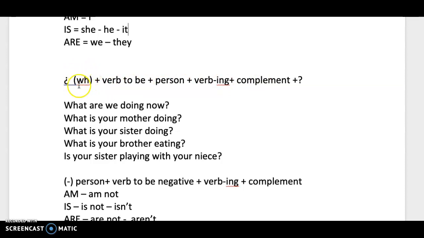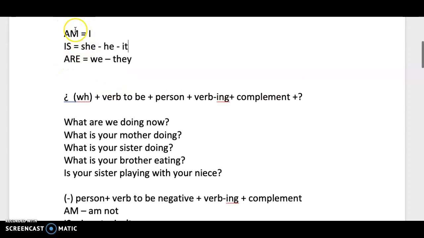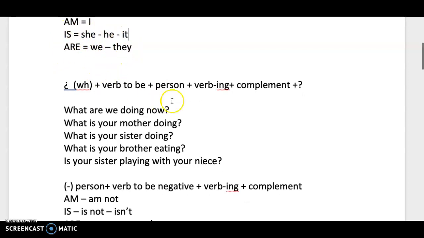It is not obligatory, but in case your sentence has what, where, why, this is a WH question, okay? Now we continue with the verb to be. Depending on the persons we are talking about, we use the verb, okay? Then we have the person or the subject, then the verb with ing and the complement, and of course the question mark.